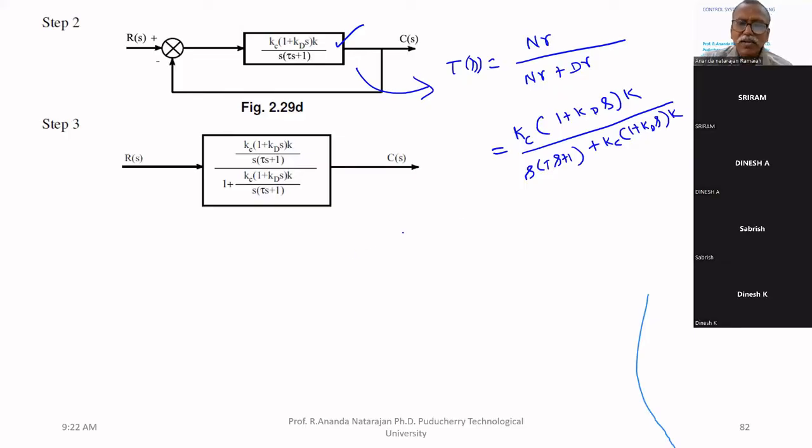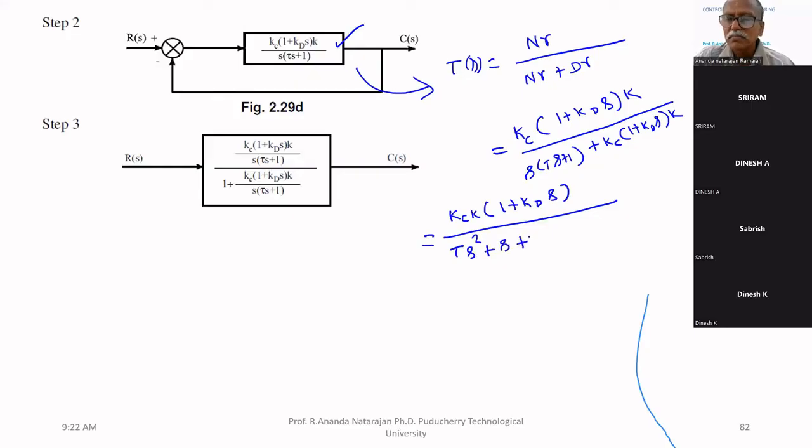If you simplify further, what you will get is Kc K (1 plus KDS) upon tau s square plus s plus Kc K plus Kc K KDS.